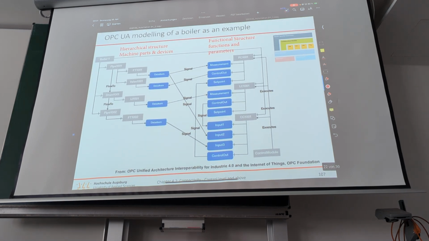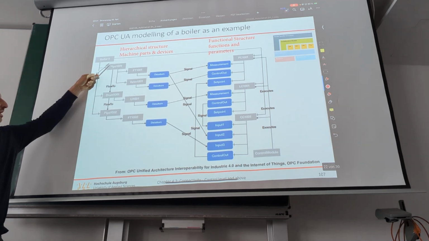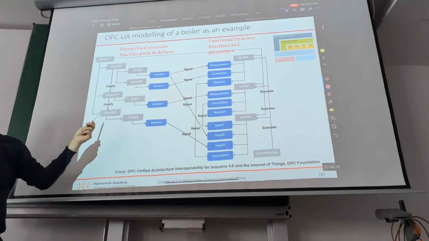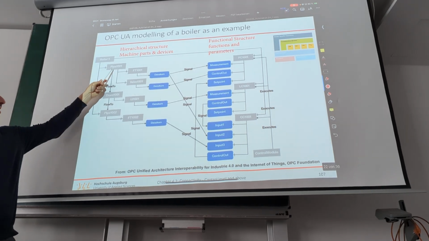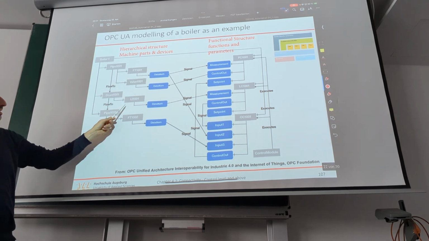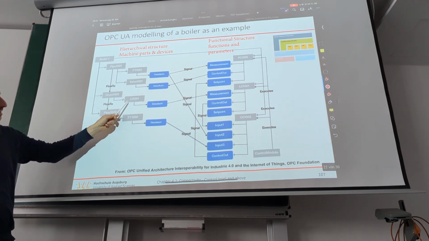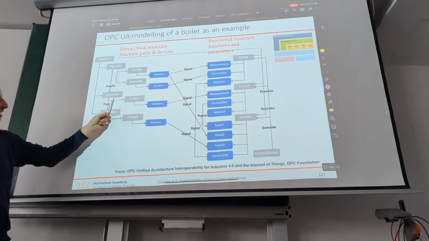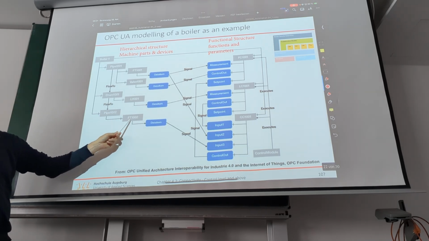So if you have an object model, then, for example, you have a boiler, and the boiler has a pipe and a drum and another pipe, and the pipe has a valve and a transmitter for the flow, and the drum has a transmitter for, I don't know, the level, and then you have another pipe and that has a flow transmitter as well.